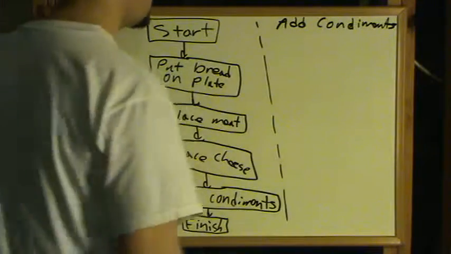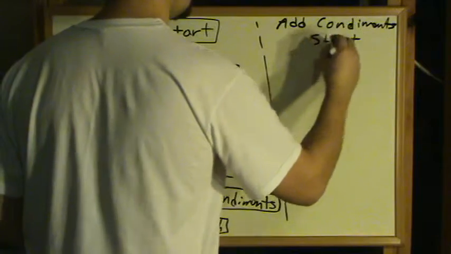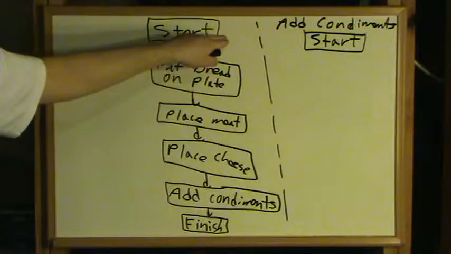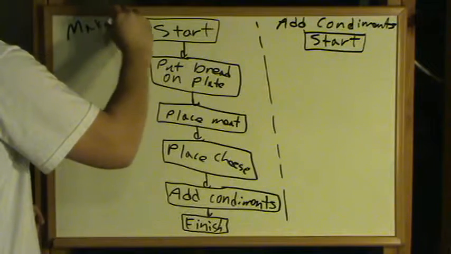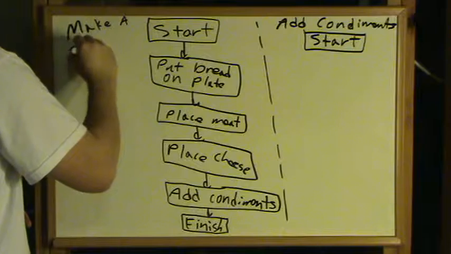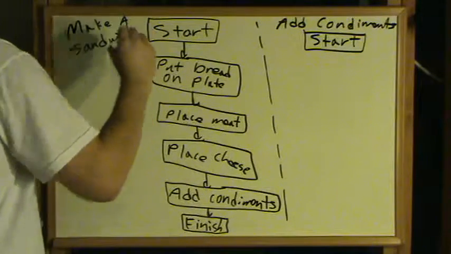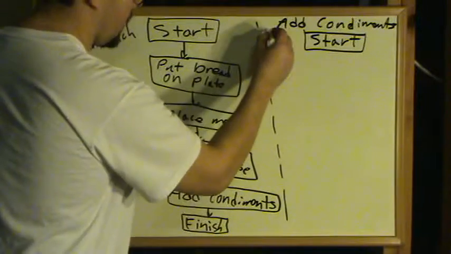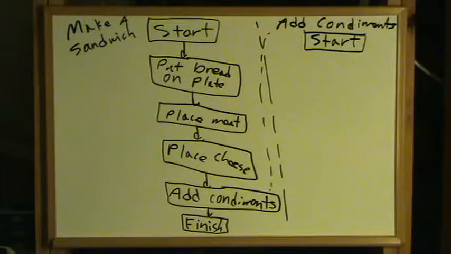As with any flowchart, you're going to have a start. Now, this isn't the same start as the other one. That was the start of your make a sandwich. This flowchart is going to be talking about adding condiments, so some detail there.